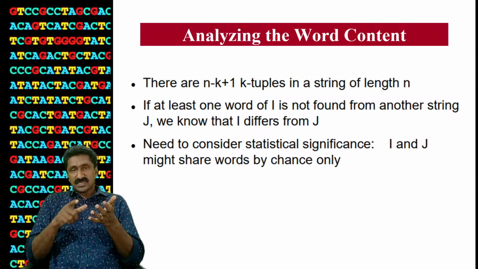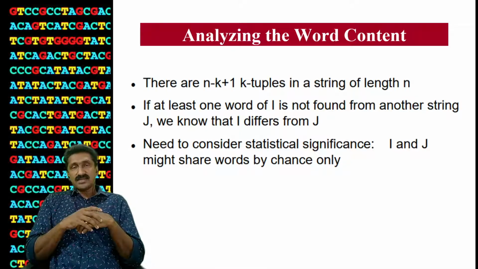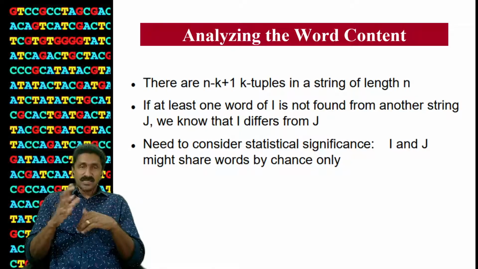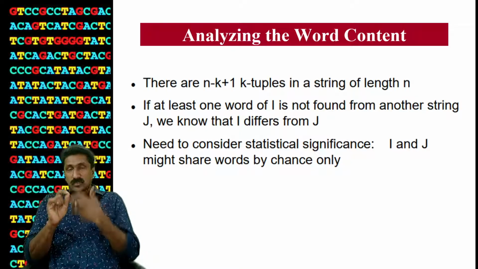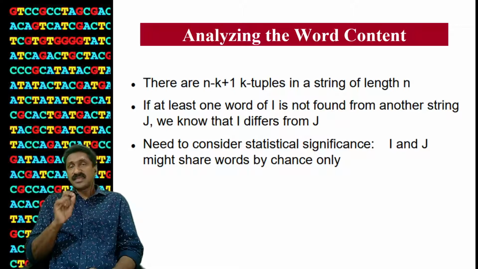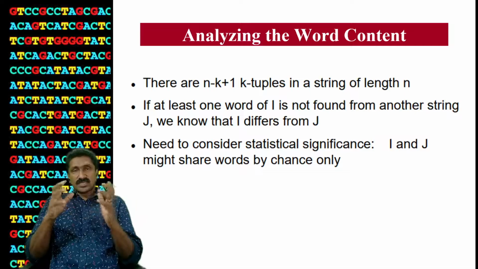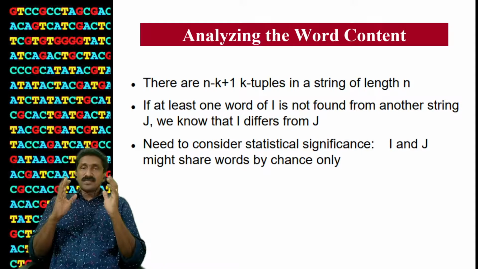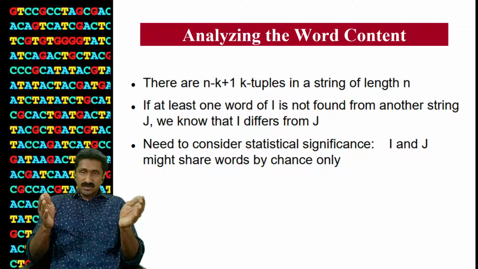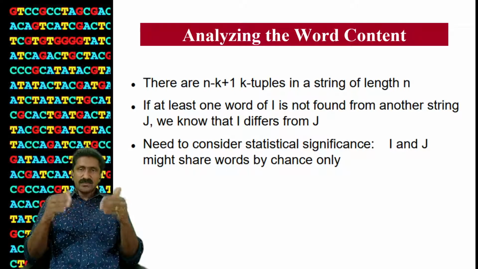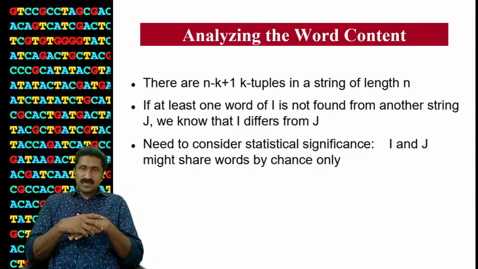So n minus k, that is 500 minus 8, 492, plus 1, 493. 493 possible k words can be generated. So that is the total number of words that can be generated from a query string. Likewise, you can generate words.